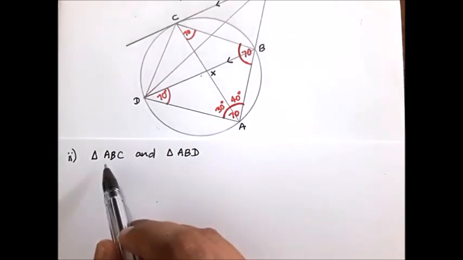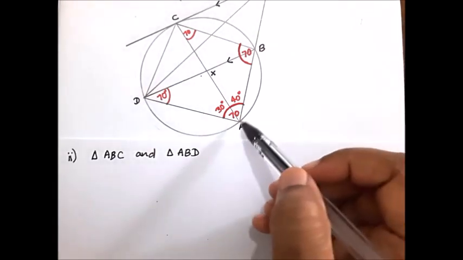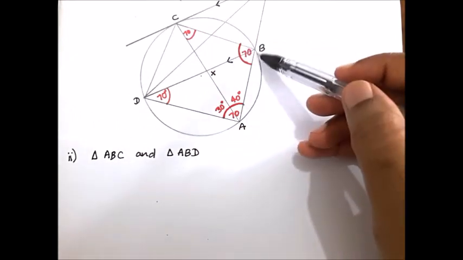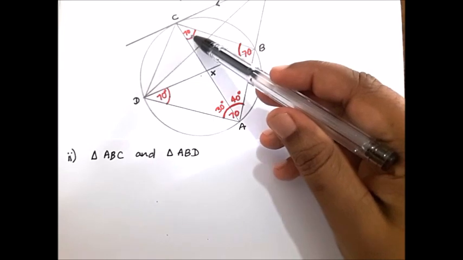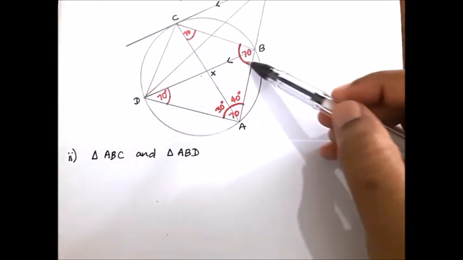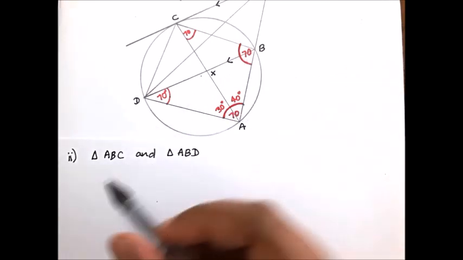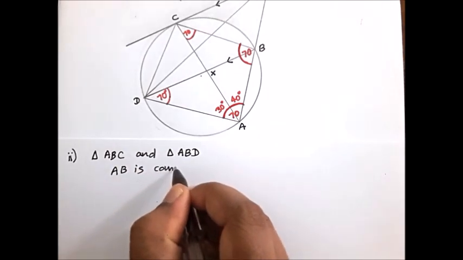In the second part, you have to prove that triangle ABC is congruent to triangle ABD. Triangle ABD and triangle ABC. You can see AB is common to both triangles, and here 70 degrees, again 70 degrees, these two angles are equal, and here 70 degrees and 70 degrees, these two angles are also equal. So AB is the common side.